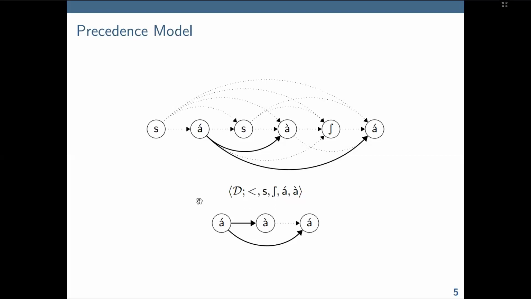What this tells us is we have a node with the property of a vowel with a high tone. It precedes this node with the property of a vowel with a low tone, and it has the transitive property that because this one precedes this one, we know that the first one here precedes the third one as well. So this is a substructure of size 3. We can think of other substructures of other sizes as well, but this is one example.